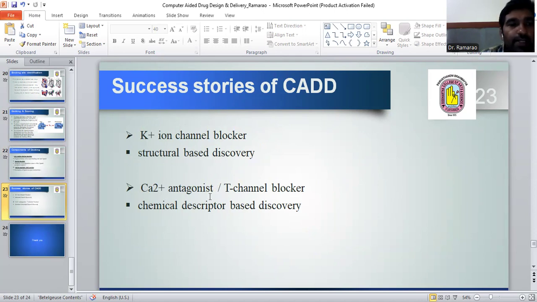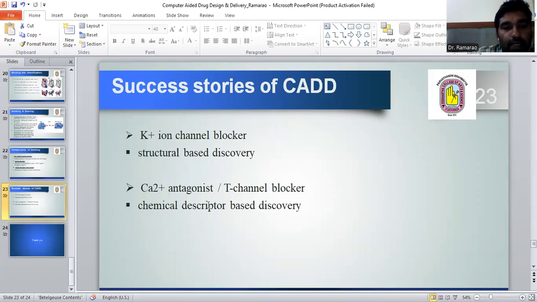It gives a reduction in the synthetic and biological testing efforts. It gives the most promising drug candidates by eliminating compounds with undesirable properties like poor efficacy, absorption, distribution, metabolism, excretion, and toxicity, etc., through in silico filters.